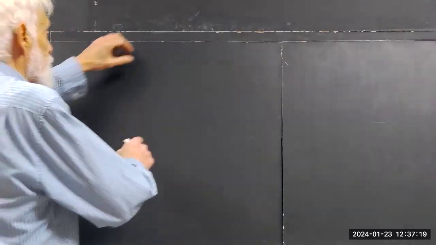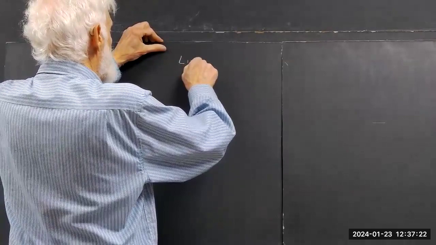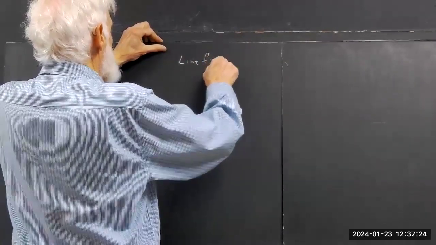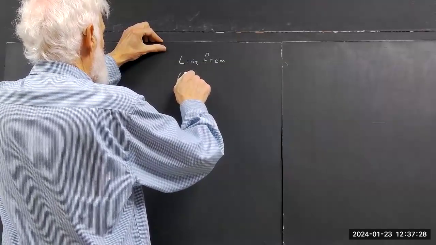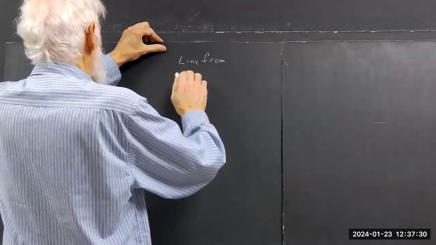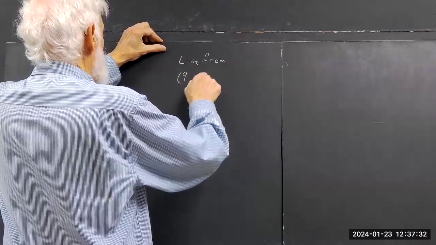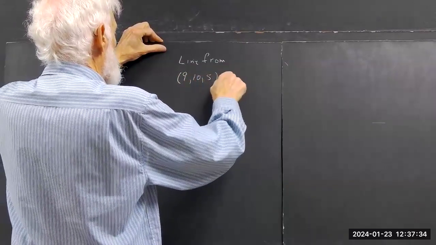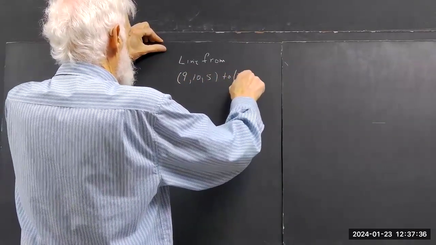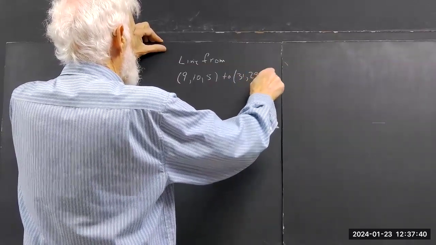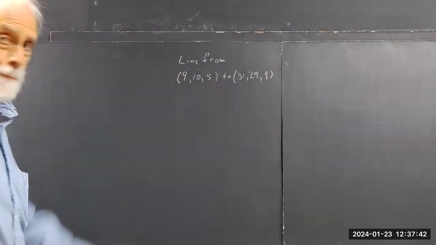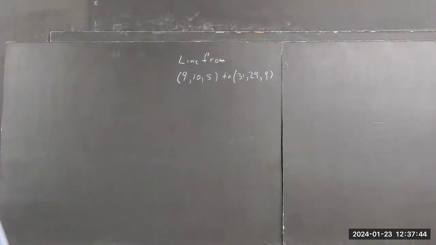So let's just think, we want to do a line from the point 9, 10, 5, I think I said 31, 29, 9.